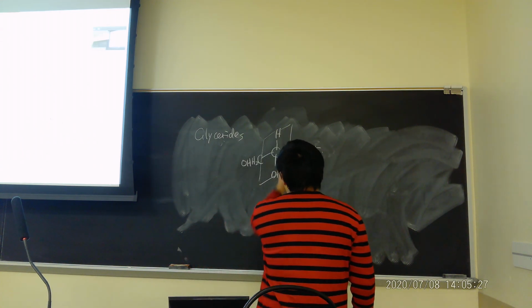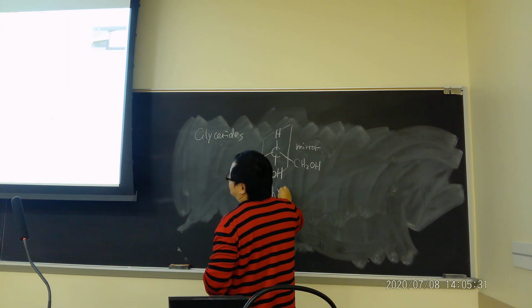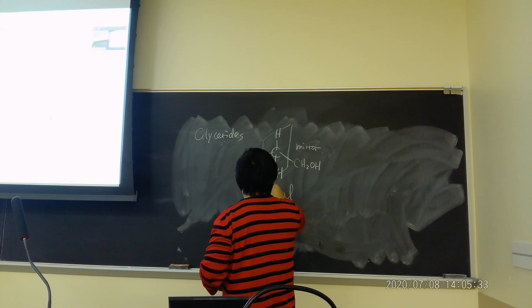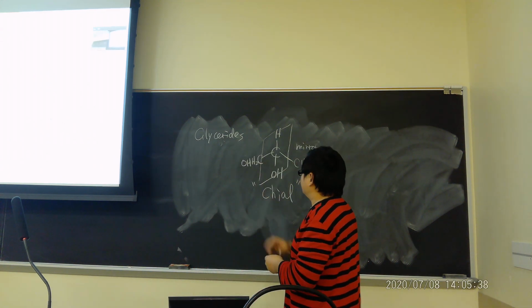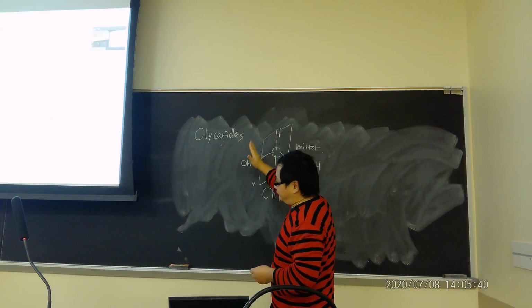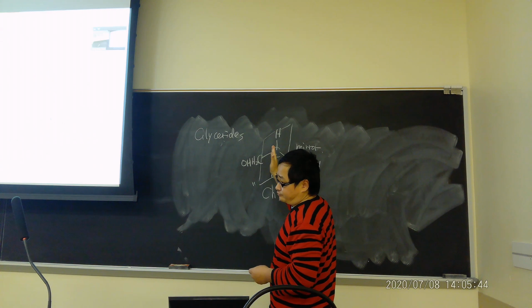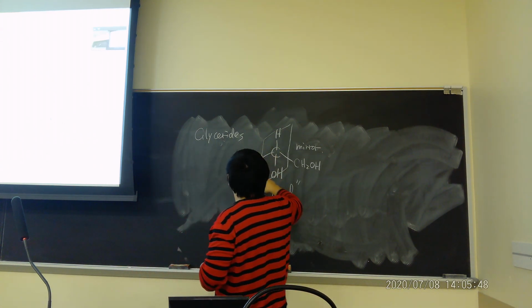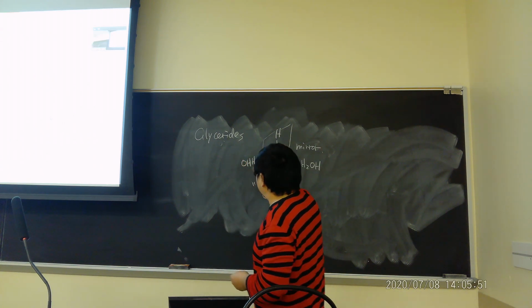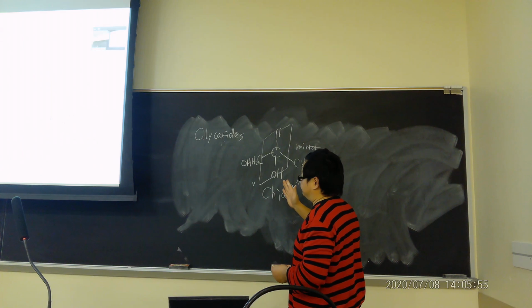Okay? Therefore, we call it chiral. It's chiral. That means a hand. So you put it here. Could be left side and could be right side. So L or D. Because two of the four chemical groups are identical, only the positions are opposite, completely opposite under a mirror.